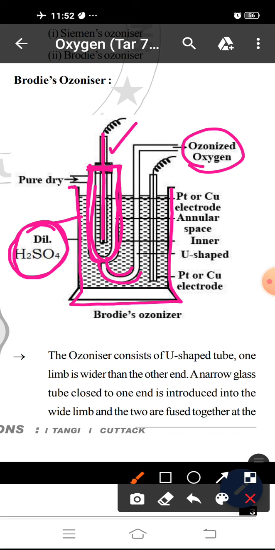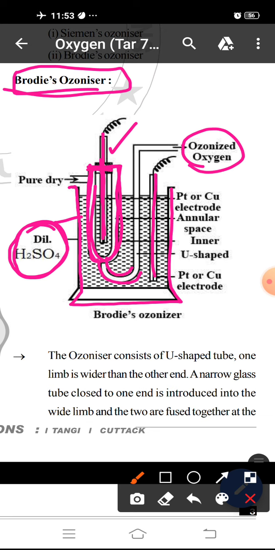One platinum electrode is introduced in the inner tube and another in the gas jar, and both are connected to the induction coil for electric discharge. So this is the construction of the Brody ozonizer.